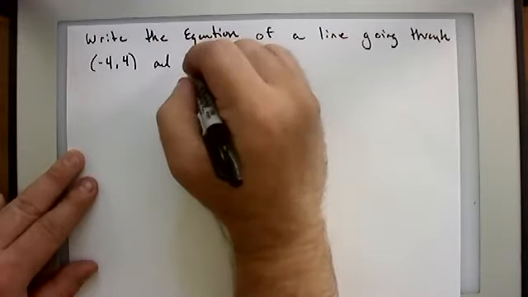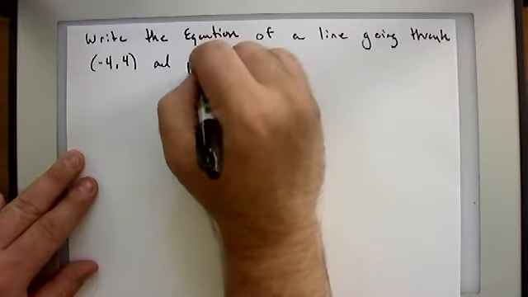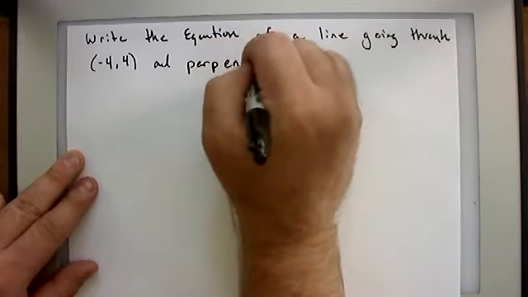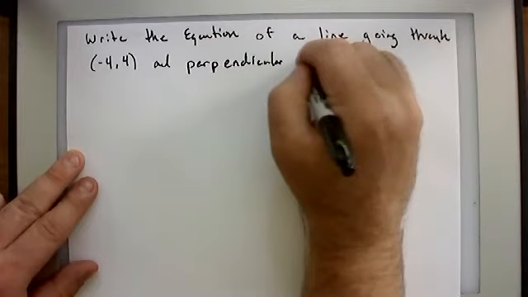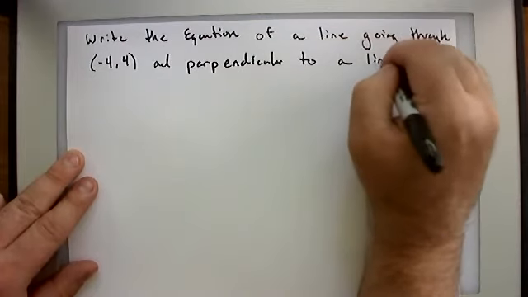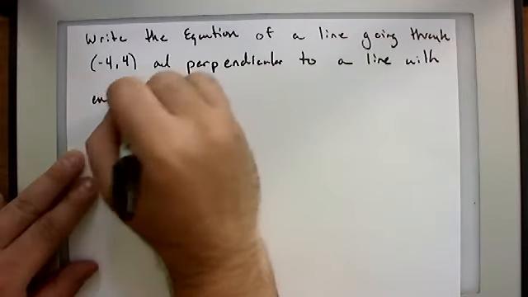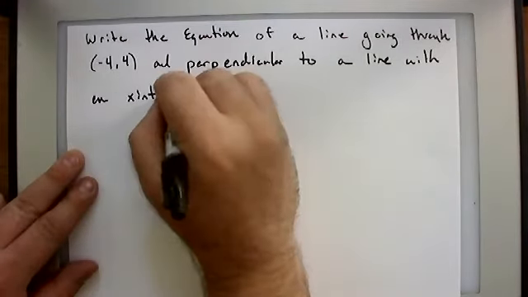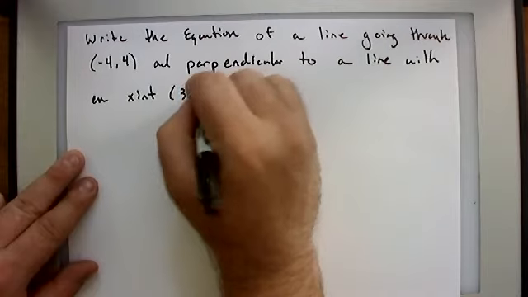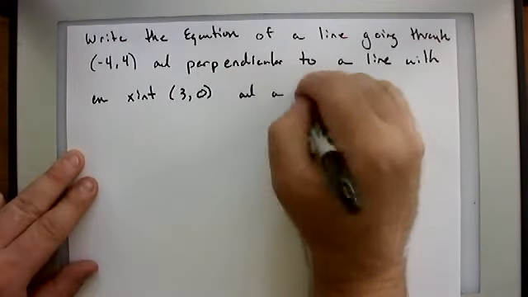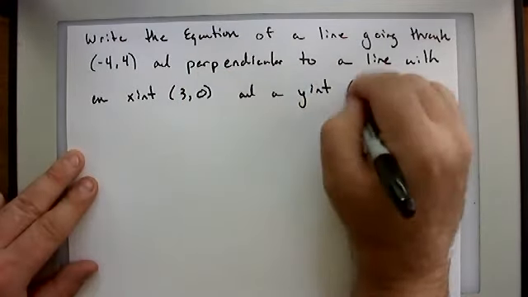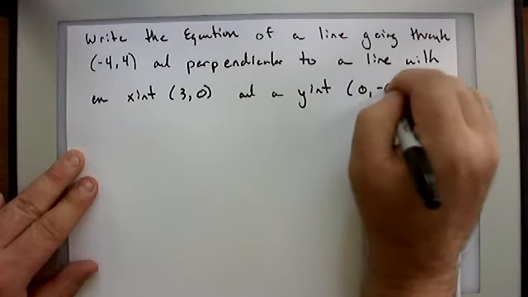And perpendicular to a line with an x-intercept, remember, x-intercept of (3, 0), and a y-intercept of (0, -6).